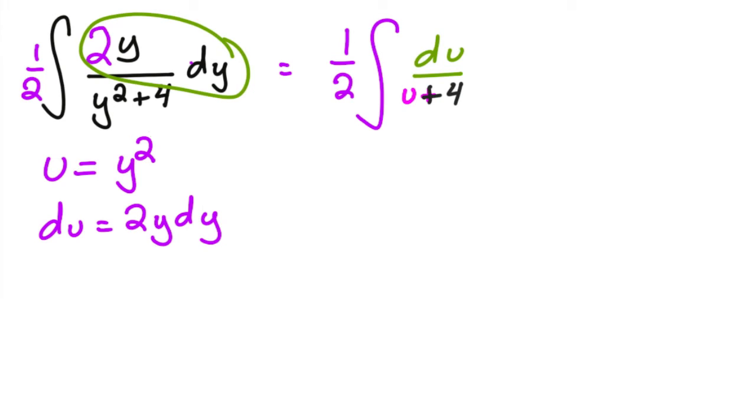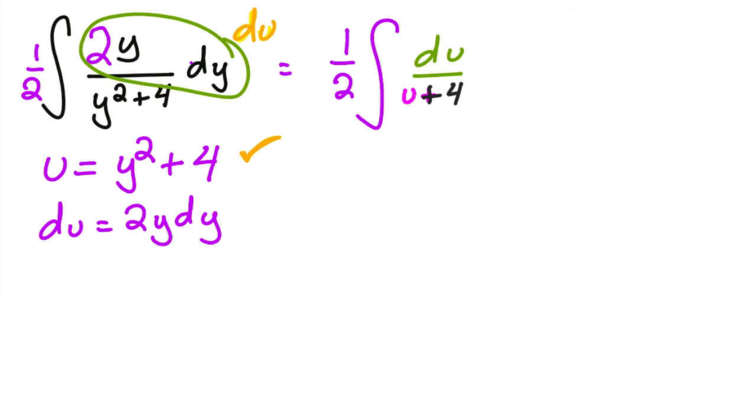Well, if you said, why don't we make u equal to y squared plus 4, you would be exactly correct, because, bam. Because notice that when you get the derivative of y squared plus 4, the derivative is exactly the same. So du doesn't change. Du, that yellow color is terrible.